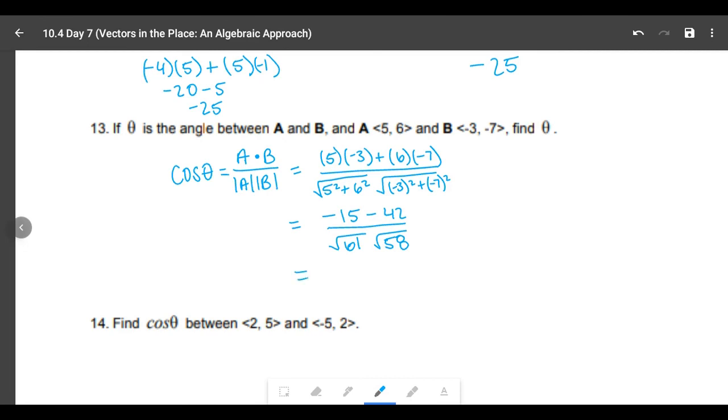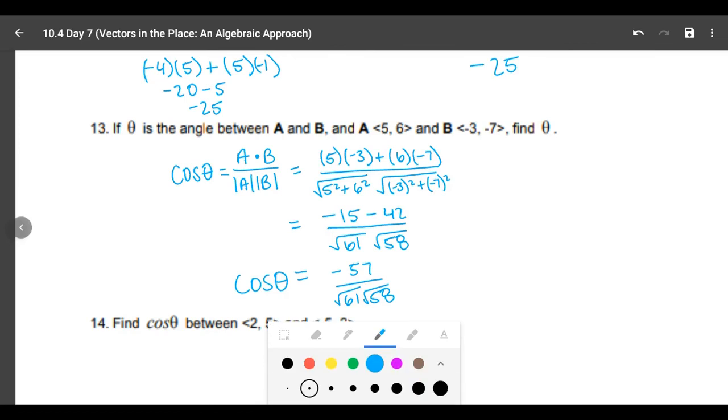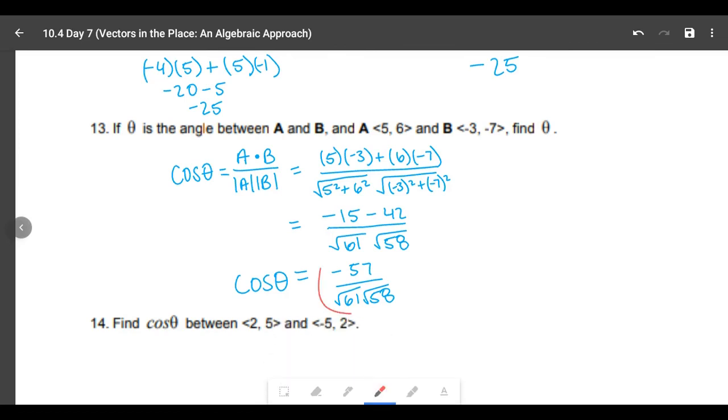Let me go ahead and simplify this actually a little bit more. So negative 57 over the square root of 61 square root of 58. Remember that this is equal to cosine of theta. So I can take the arc cosine of this entire fraction, and we can plug that into our calculator and get that theta is equal to 163.4 degrees.